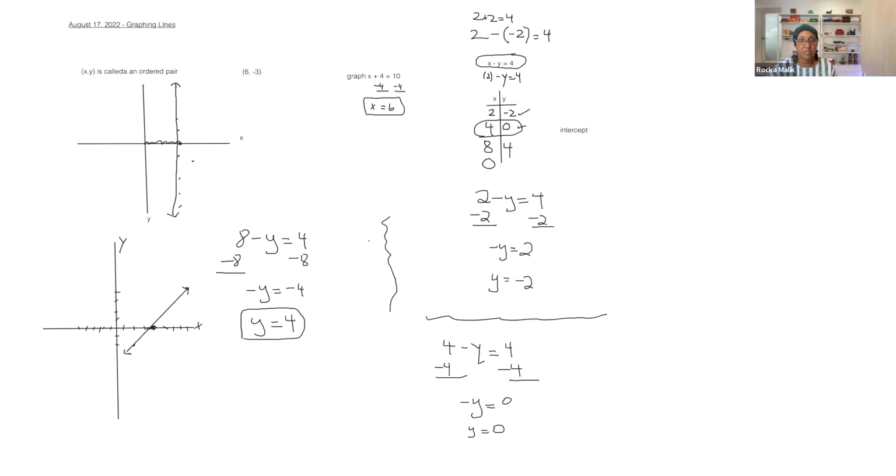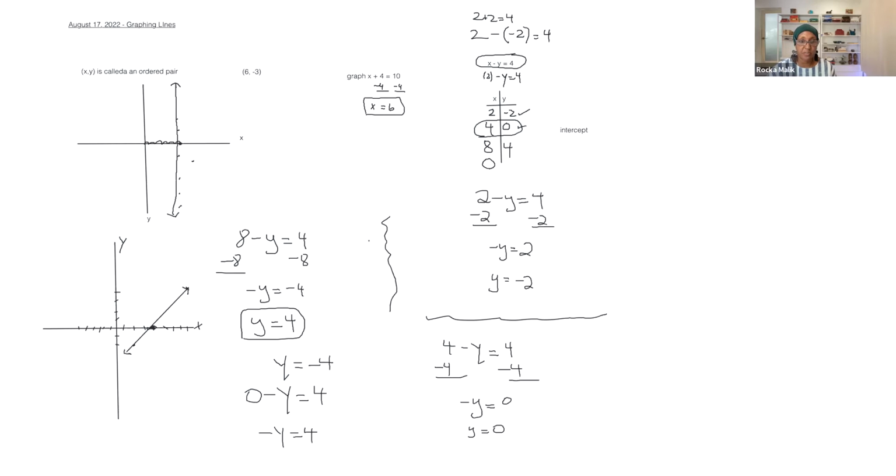So I have 0 minus y equals 4. I already have it looking pretty decent, so I just need to change the sign of this one here. I change this to a y, and I change this to a -4.